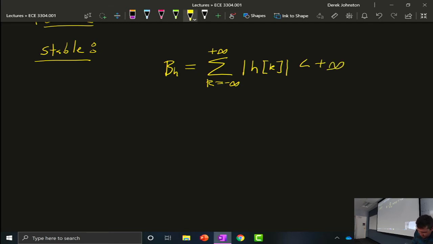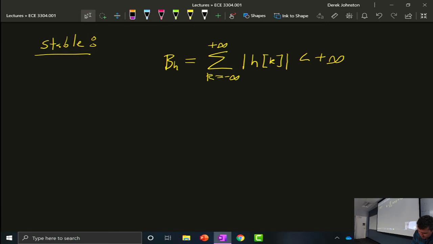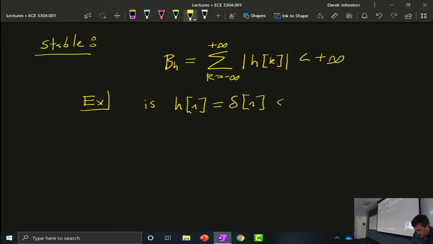Cool. So, let me call this an example: if h of n is an impulse response that's just the impulse, is it stable?